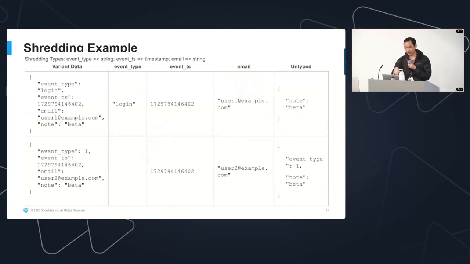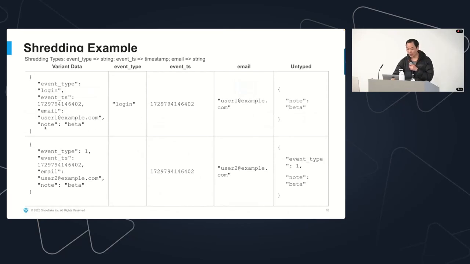Here I'm going to give an example, maybe it can be a little easier to understand. Let's say the engine decides to shred event type to string, event timestamp to string timestamp, and email to string. Here you can see event type is a typed column, and we're going to have login in this column, similar for event timestamp.